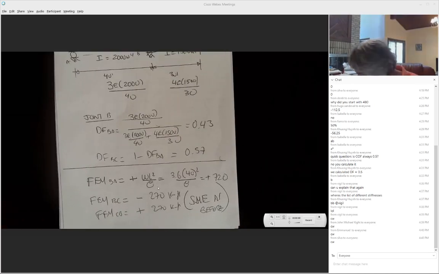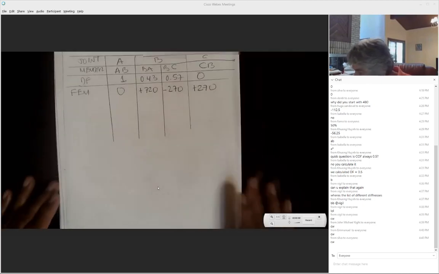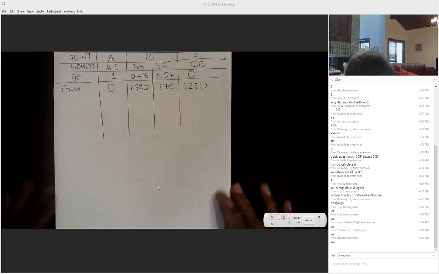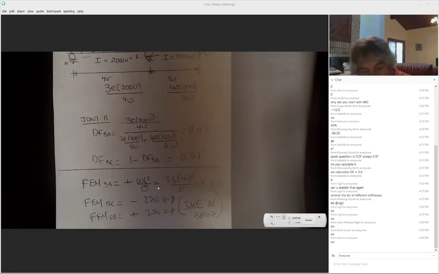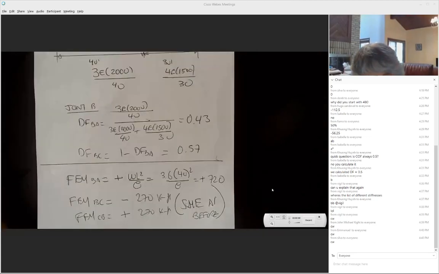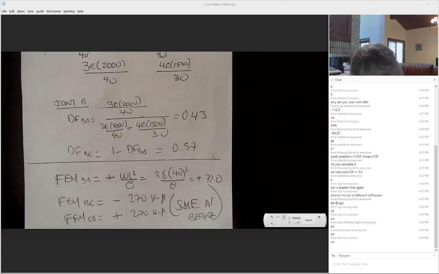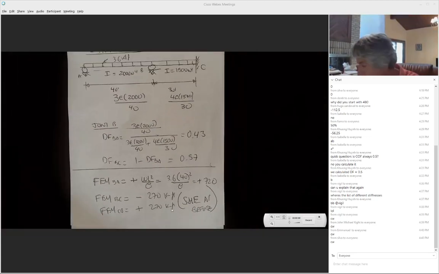So look how my table looks now. Look at 0.43, 0.57, 720, 27.